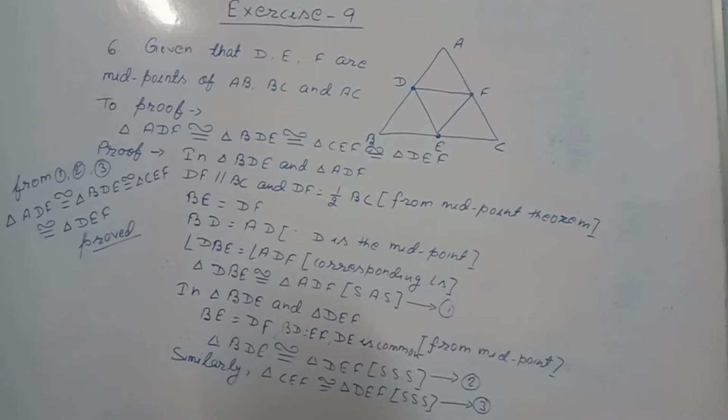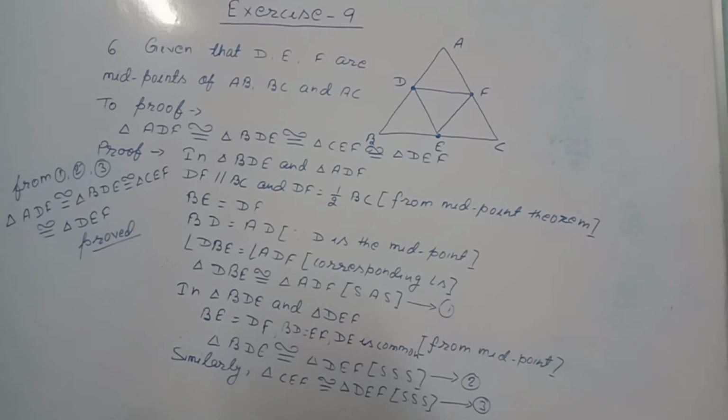Now you come in triangles BDE and DEF. In BDE and DEF, BE equal to DF, because from the midpoint theorem, DF is half of BC, so DF equal to BE. E is the midpoint of BC.